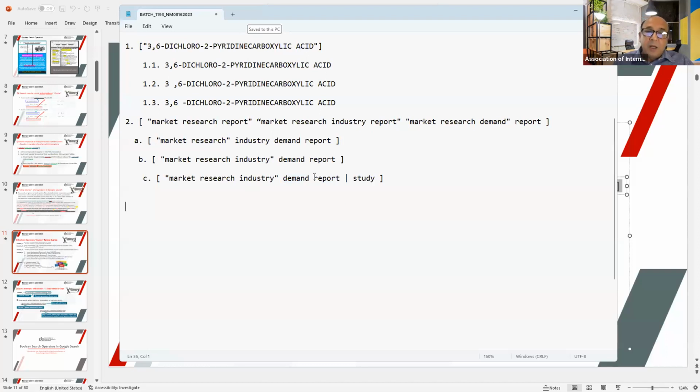So in another sense, I have just explained another concept which you can add to the utility of the quotation mark. When I put the word report within quotes, what I've done here is I've separated the word demand from the word report, and now the word report is considered to be a separate unity, separate keyword, and will not connect with the word demand.